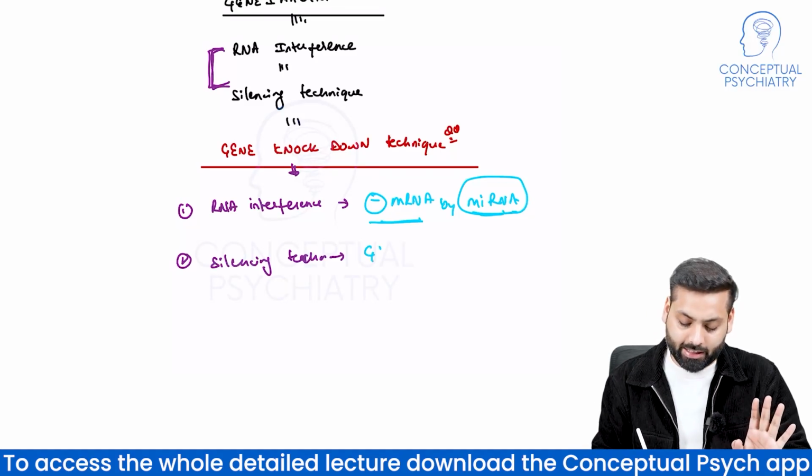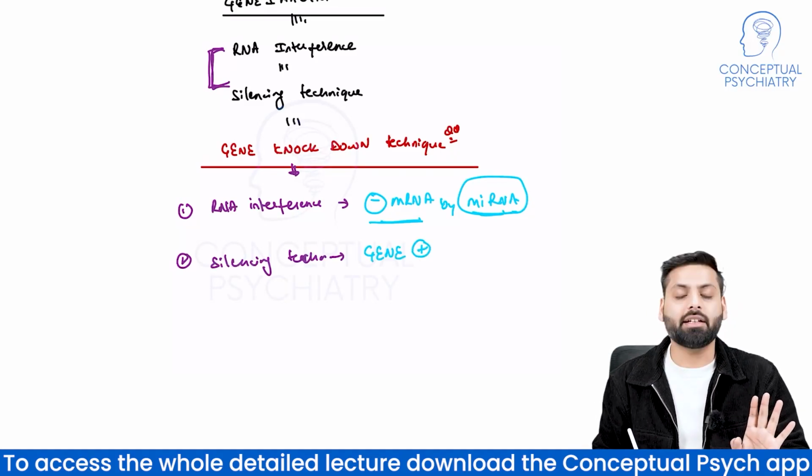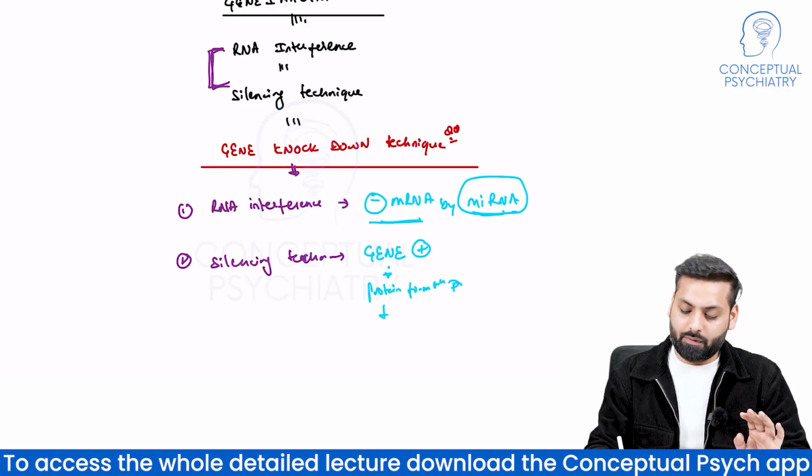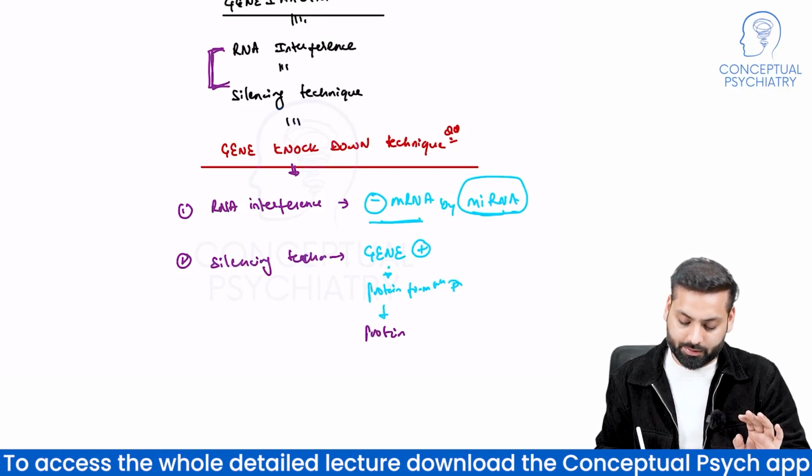Here in silencing technique, remember that the gene is present. Gene is present means protein will be formed. Protein formation is there, but protein functioning is not there.